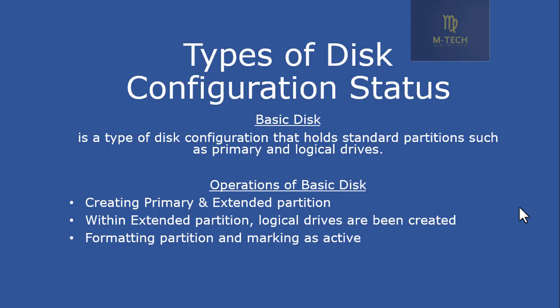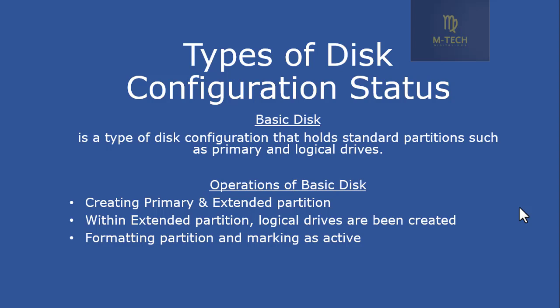So when the hard disk gets into the system, it can be in two configuration states. The first one is the basic disk. The second one is the dynamic disk. If you connect your hard drive into the computer, we have two configuration states that the hard disk has to be in, or in some ways we can term them types of hard disk.